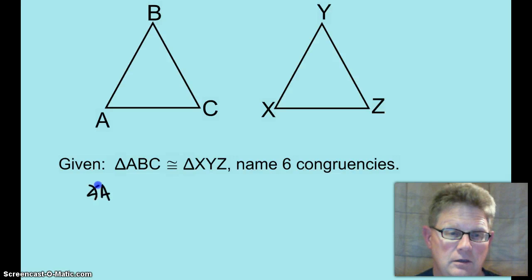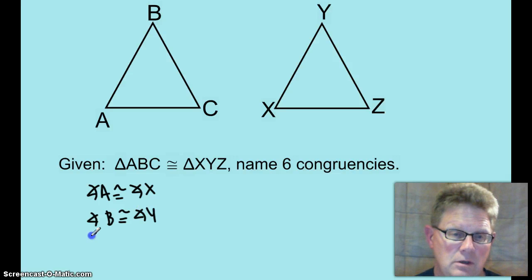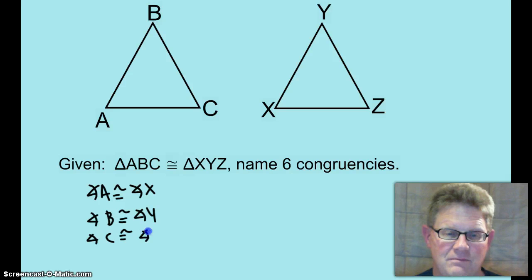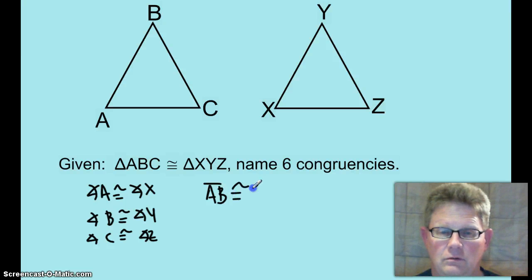Angle A, congruent to angle X. Angle B, congruent to angle Y. And angle C, congruent to angle Z. And then the sides, AB is congruent to segment XY.